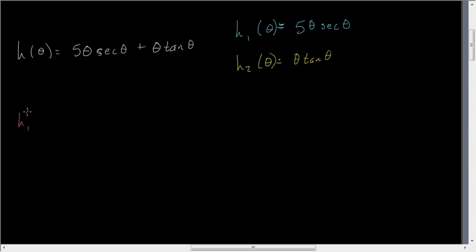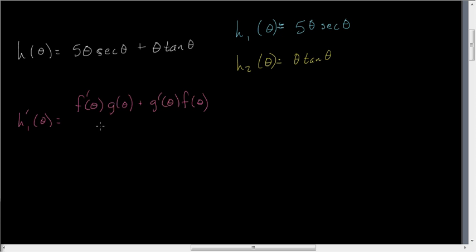h1 prime of theta is equal to, this is the product rule. Don't forget that the product rule was the derivative of the first times the second, plus the derivative of the second times the first. So let's go ahead and continue.